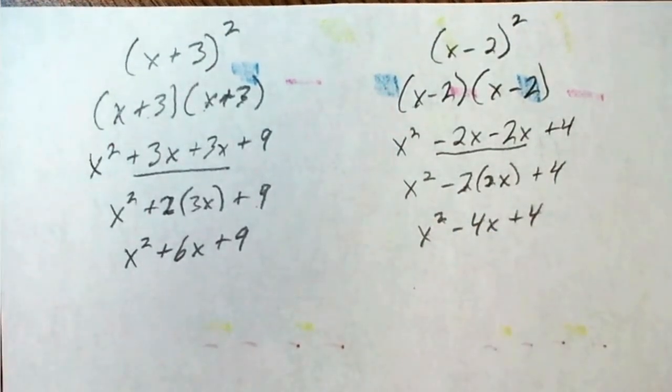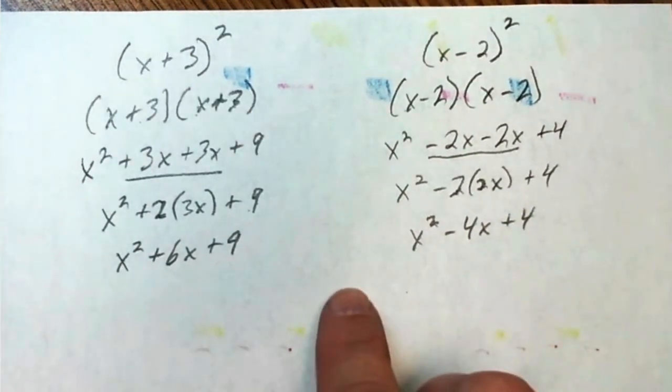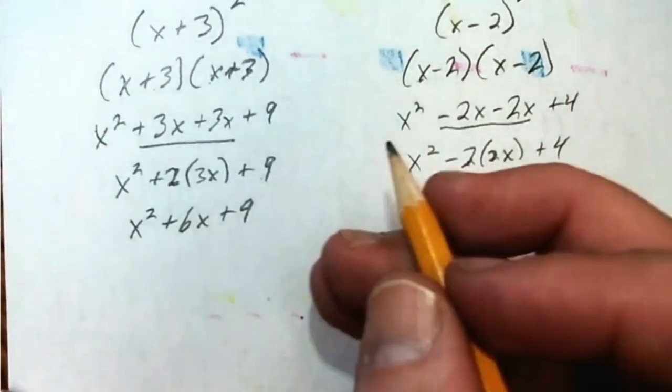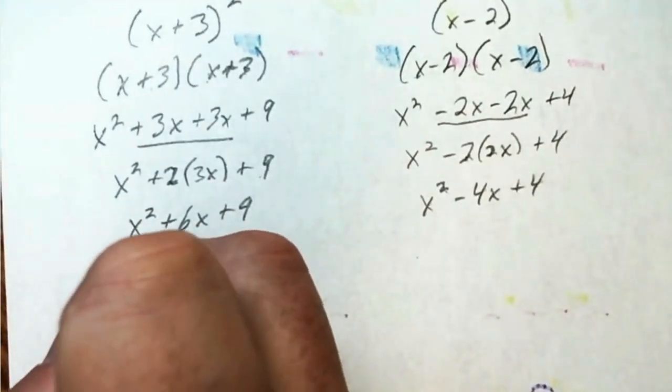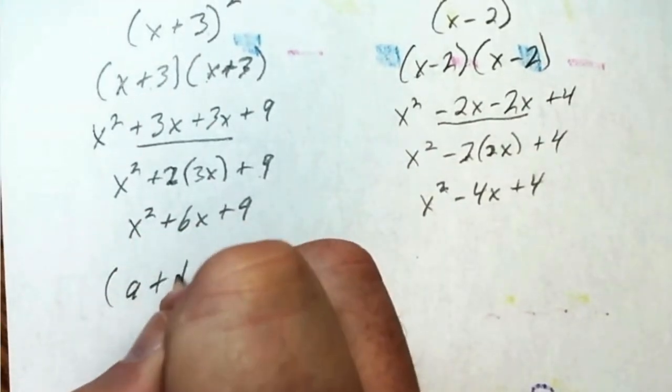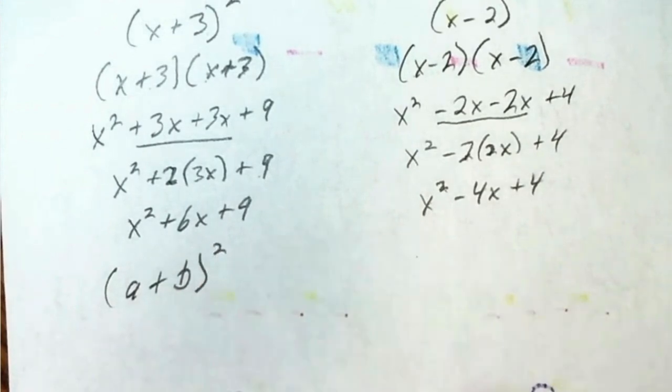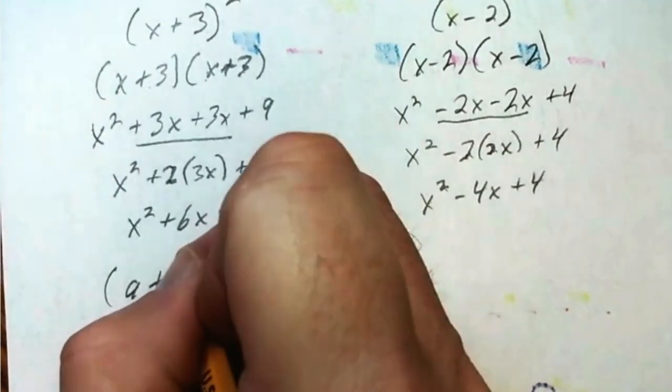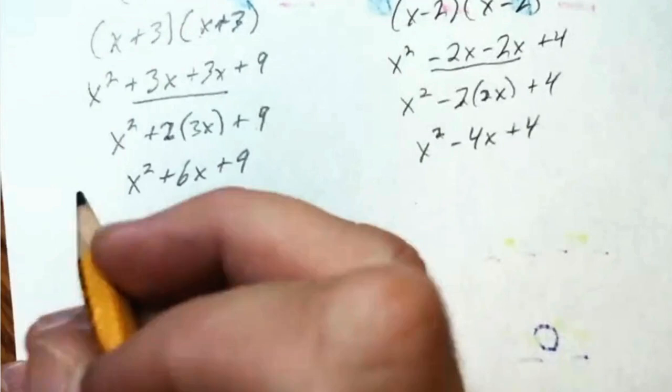Now there's a pattern there. Let's break this down to where it was just a plus b squared, a plus b. What happened with that?